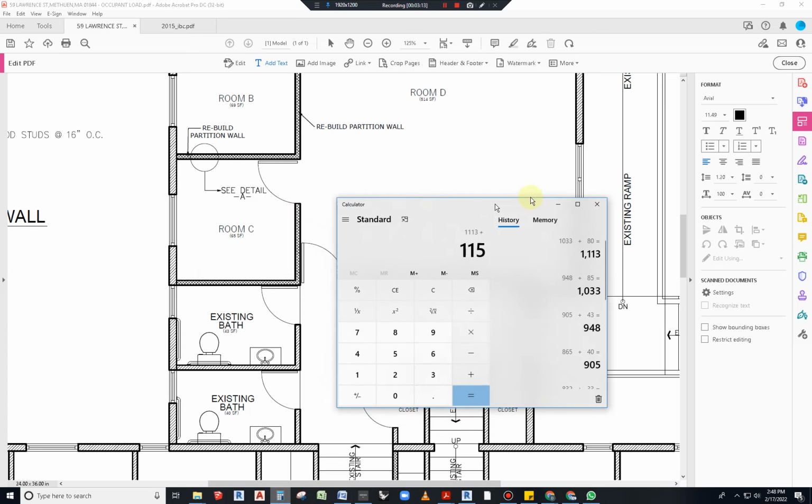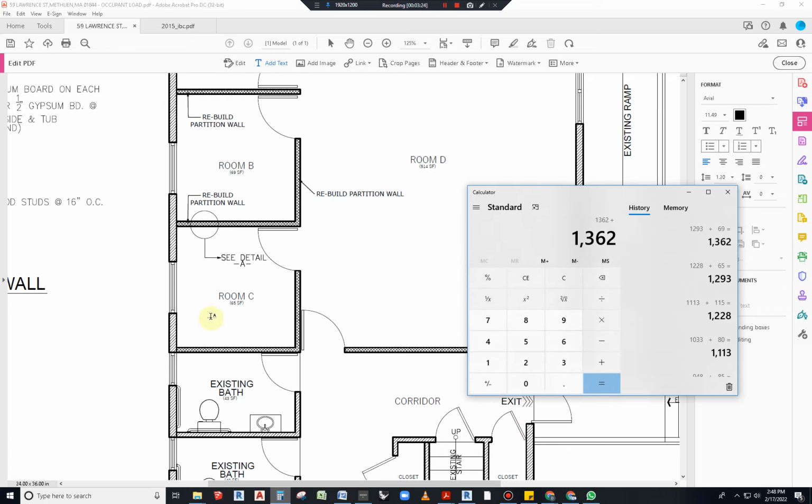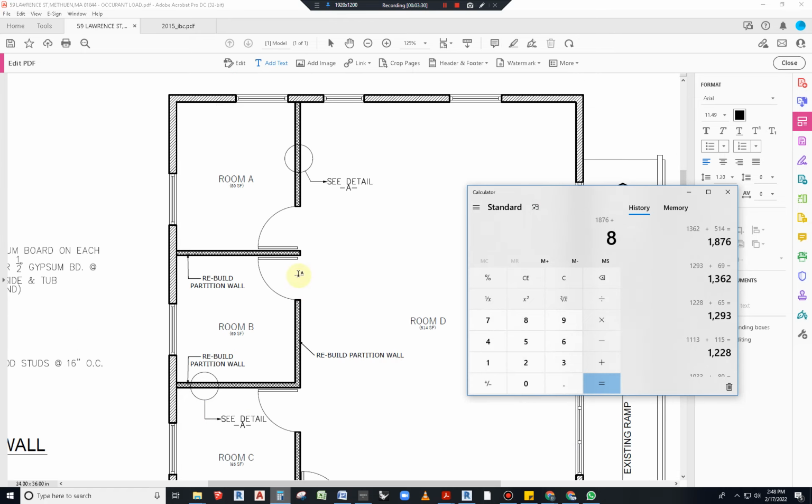So that's 115. Then plus 65 for room C, plus 69 for room B, room D is 514, plus 80 for room A, and that gives us our total business area.